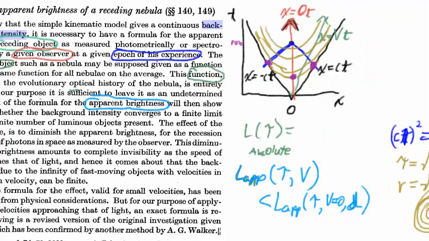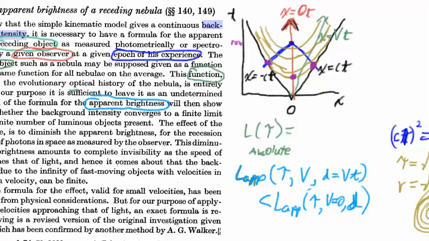I should say here that distance equals vt. So this is the apparent luminosity of an object at 0 velocity at a particular distance, and this is not the luminosity of an object with velocity v that is also at a particular distance, but that distance is fully determined by that velocity.